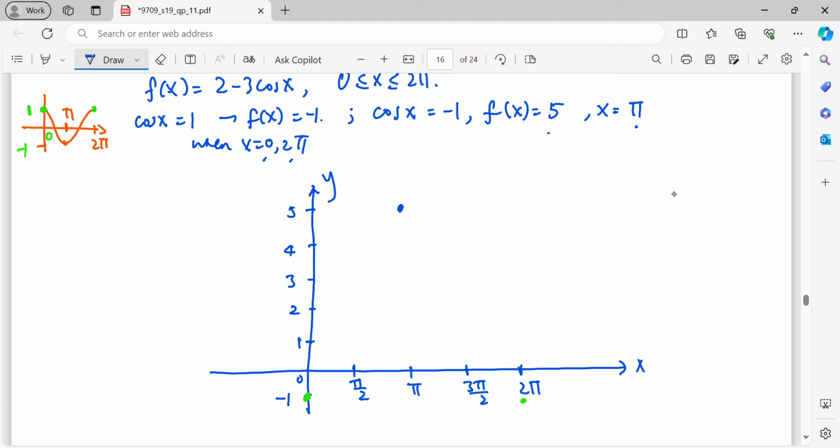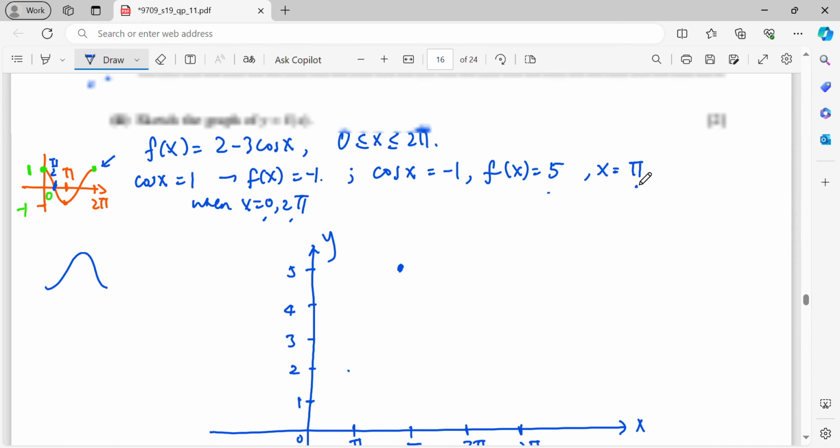Right? So now you look at here, the graph is in this shape. So you can just check when x is pi over 2. We know that when x is pi over 2, cos is 0.